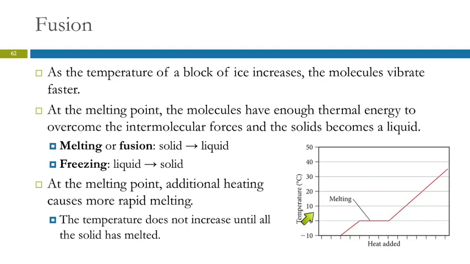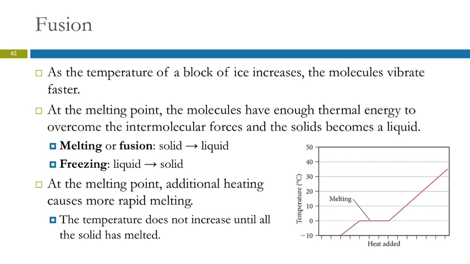So here we have another heating curve. Here we're starting at -10, and we're adding heat, and we're increasing the temperature of the ice. When we get to the melting point, freezing point is just which direction you're coming at it from. At the melting point, additional heat that's added just causes faster melting.